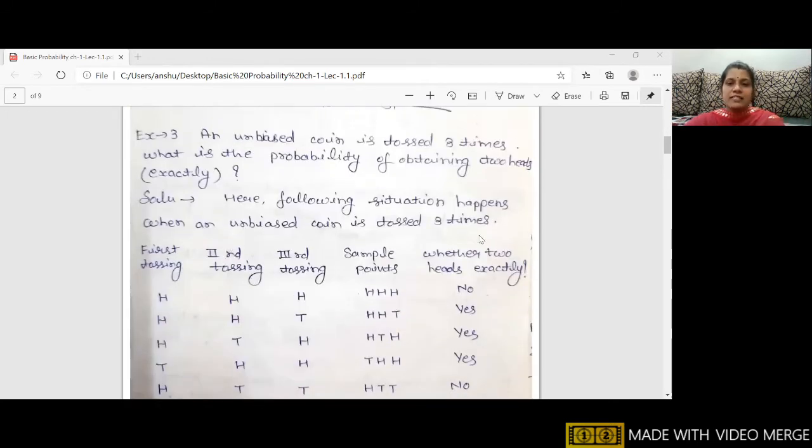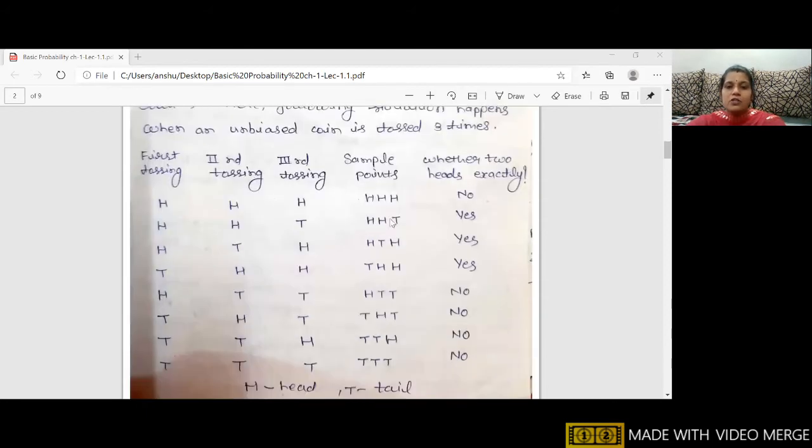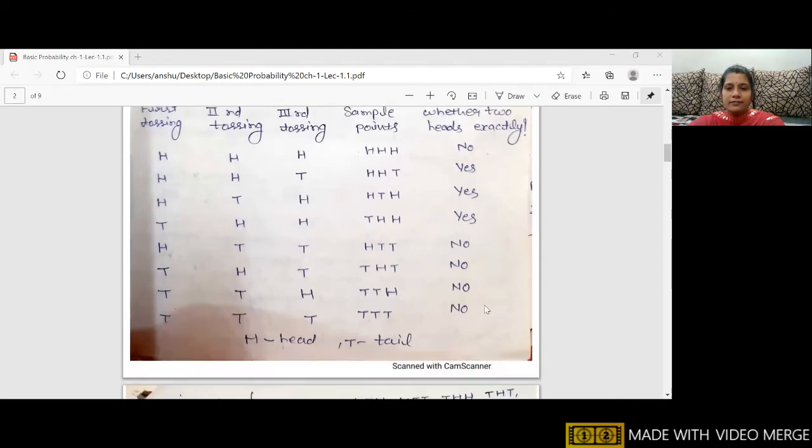The condition is exactly 2 heads. Three heads, no. Two heads, yes. Two heads, yes. Two heads, yes. One head, no. One head, no. One head, no. No head, no.